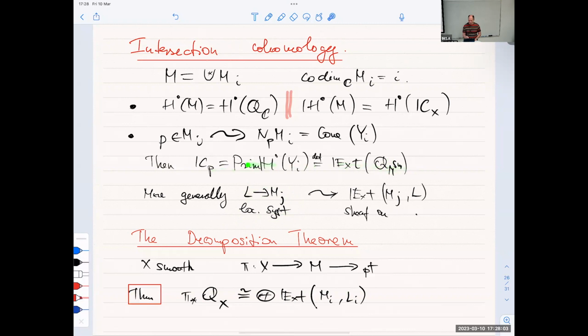Then you can follow this procedure similarly and define an intermediate extension of that sheaf into the lower strata. We'll need this, and I'll denote it by I_X(M_J, L). I introduce a symbol which says that from this data, a local system on a particular stratum, you take an intermediate extension of that local system to all the lower strata, and I think of this as a sheaf on M.